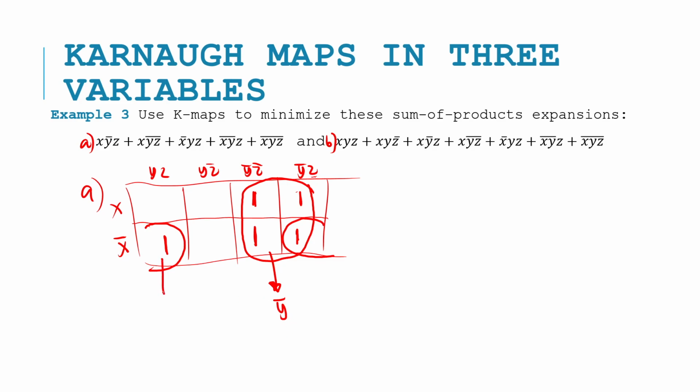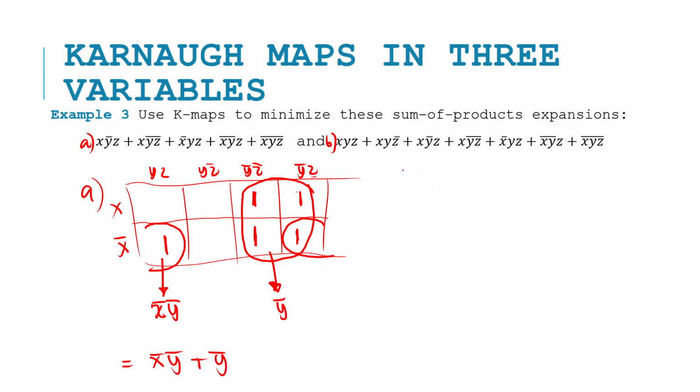Now let's go into this second group that we have here. We have the complement of z and z, so we would do away with z, and we are left with x prime and y prime. So this block here is represented by x prime y prime, and since we have 2 groups, we have to add them together. That is x prime y prime plus y prime.